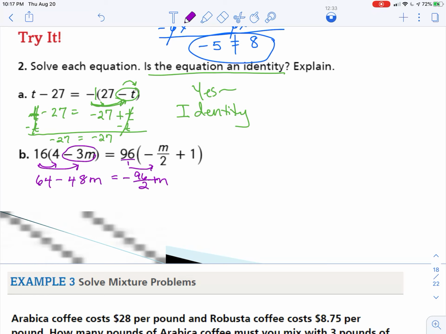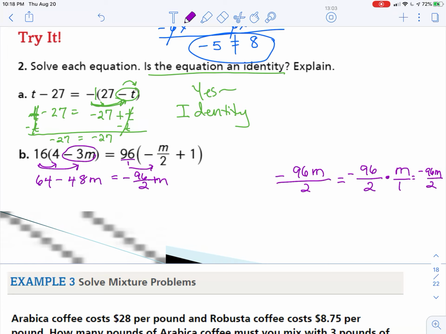Now, you might wonder why I'm not going to write that like this. That might have been the first thing. You're like, well, Mrs. Quigley, why did you pull the m out? Well, I want you to think about what this actually could look like. If I had negative 96 over 2 and I was multiplying that with m, we would probably think of this as m over 1. And if I multiply that, what would I get? I'd have negative 96 times m and 2 times 1.